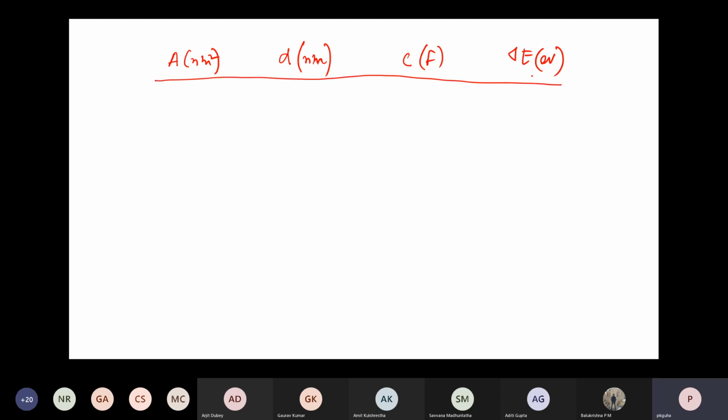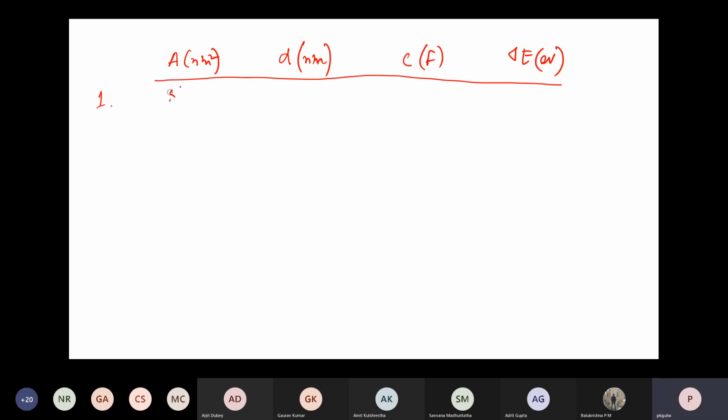In my notes I have a table with some numbers: A is the area of the capacitor in nanometer squared, D is the separation of the two conducting plates in nanometers, C is in farad, and delta E. What is delta E? Delta E is the change in energy due to transfer of a single electron through the capacitor. So that we are going to see.